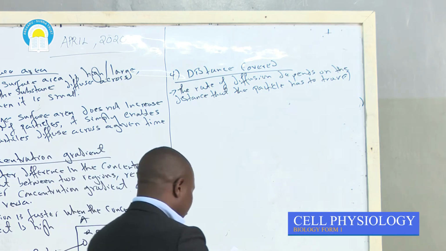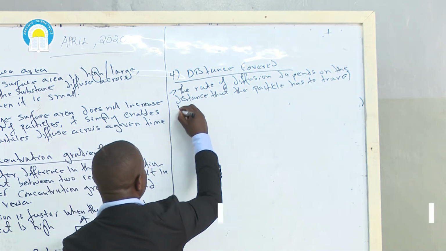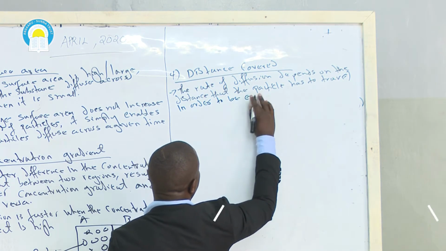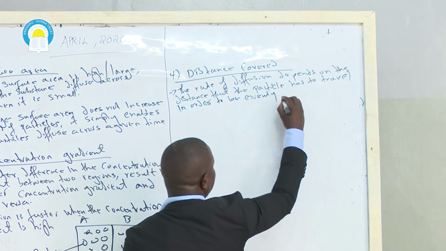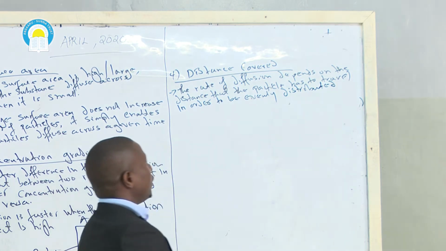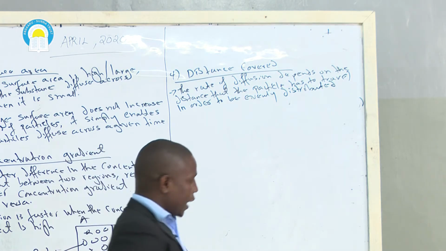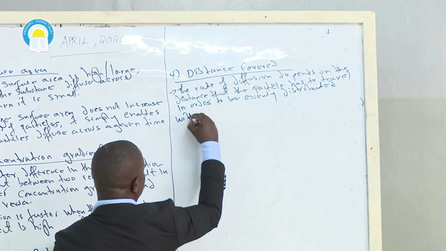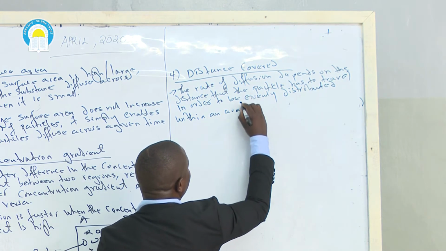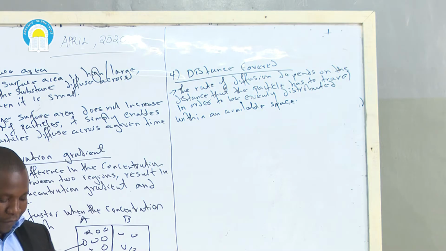So you're being told the rate of diffusion depends on the distance that the particles have to travel in order to be evenly distributed. Evenly, you can also say to be uniformly distributed within an available space.